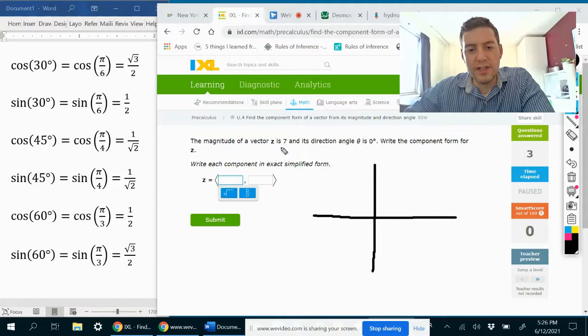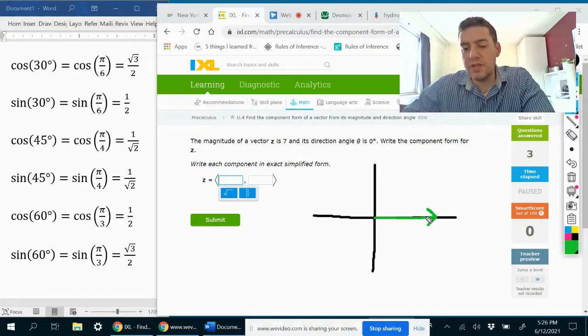We're told that it has a magnitude of 7 and its direction angle is 0 degrees. Well, this would be 0 degrees, 90 degrees, 180 degrees, 270 degrees. So a vector with a magnitude of 7 and direction angle of 0 degrees would look like this.